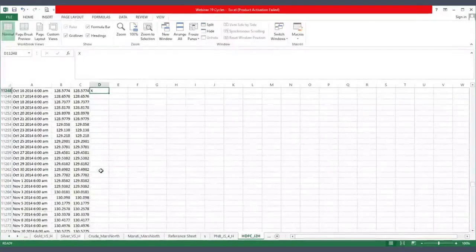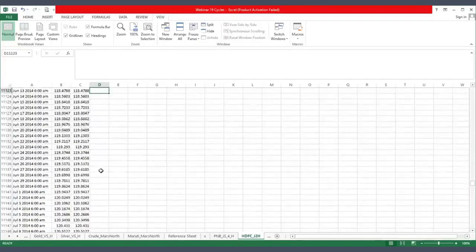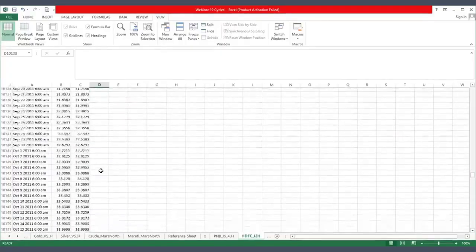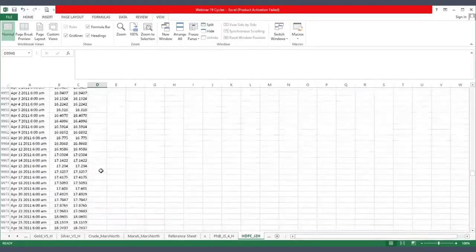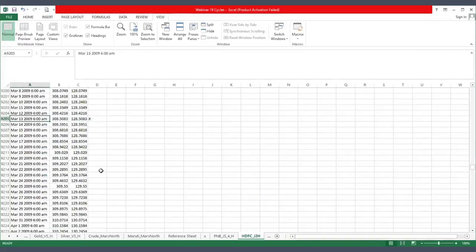So this one is 2014. Now we will go to 2008 and we need 128 degrees. So we have reached 128.5 somewhere between, yes. We have got this date, 13th March 2009.